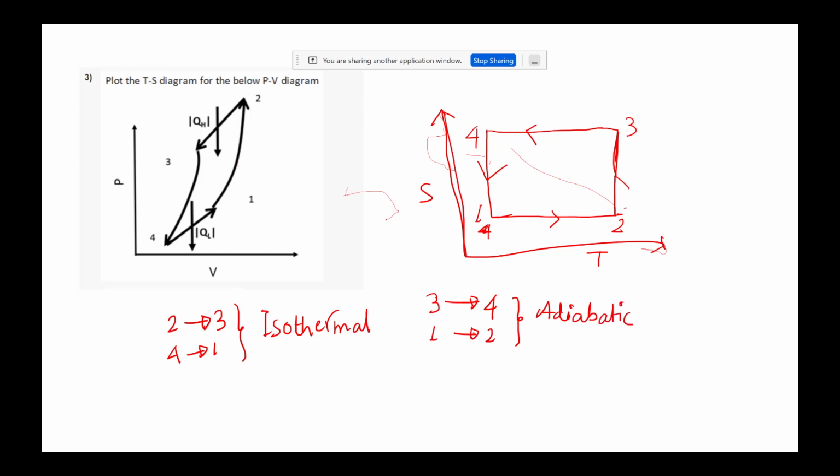And since this is higher, it would be like this.